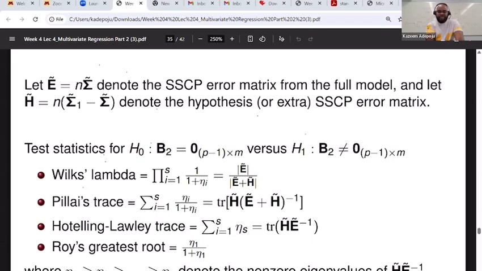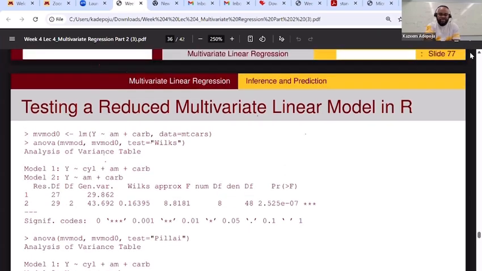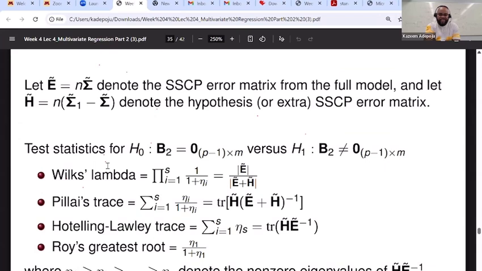Now, how do we do this in R? Just like I said, if you want to compute this in R, whether for Wilks or for Pillai trace or whatever, how do I test a hypothesis between a reduced model and a full model?